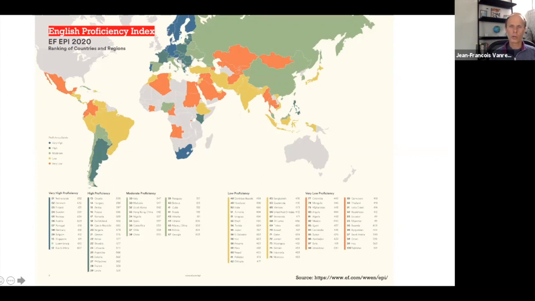Some are really strong, like the Scandinavian countries. But then in the green color you have moderate proficiency, as you go to the yellow you get low proficiency, and the orange color is very low proficiency. If you want to sell products in those countries, it's going to be a necessity to really localize your user interface, documentation, and your whole experience for those customers.